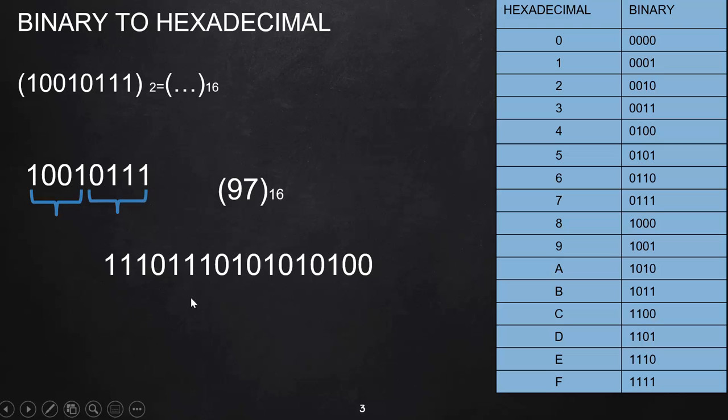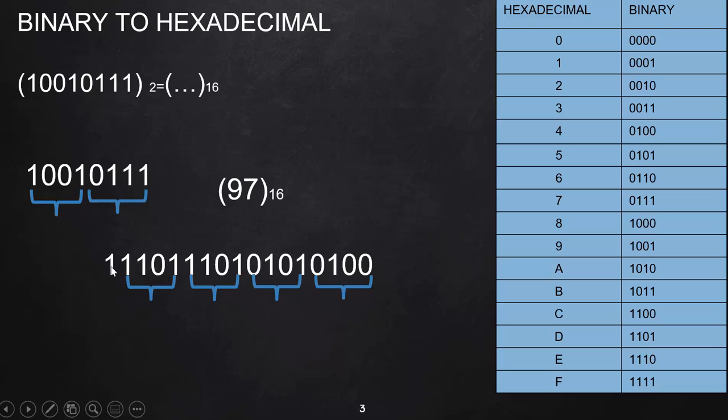This is the given binary number. We need to group this number, and each group must contain 4 bits, and start the grouping from right and proceed towards left. So the first group, second group, third group and the fourth group.